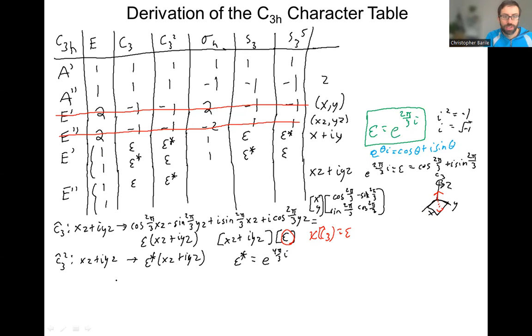So in other words, x goes to x, y goes to y, but z goes to negative z. So when we're talking about sigma h now, xz plus iyz is going to go to negative xz, because z went to negative z and x went to x, minus iyz, because z went to negative z and y went to y, which is the negative of what we started with.